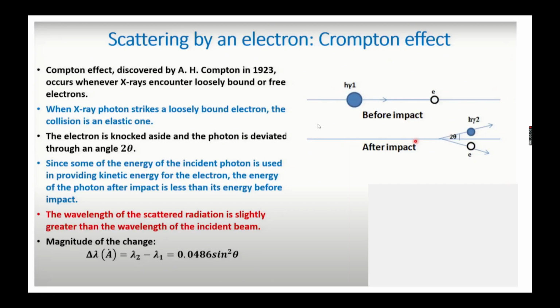This Compton effect was discovered by A.H. Compton in 1923. It is mostly about the encounter of the X-ray with a loosely bound or free electron. When it comes and hits the electron, the photon deviates through an angle of 2 theta and the electron is knocked aside.